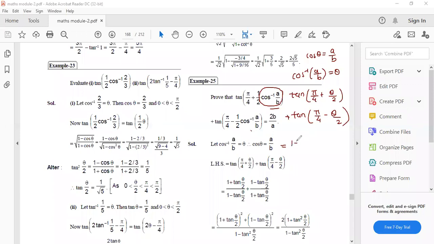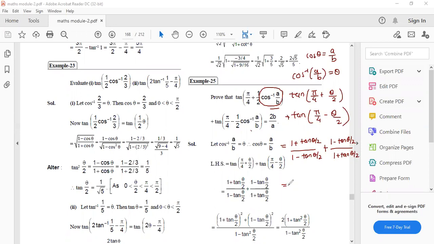Tan of a plus b, tan a plus tan b upon 1 minus tan a tan b plus, what is the second term? Tan a minus b. So tan a minus tan b upon 1 plus tan a tan b.